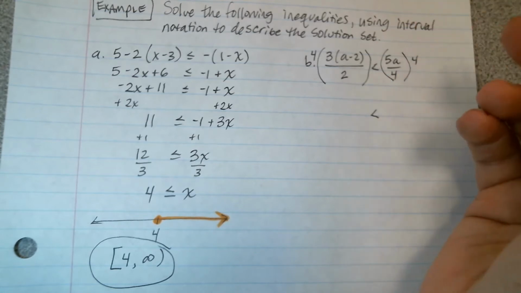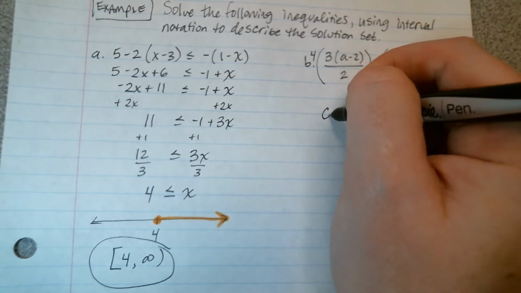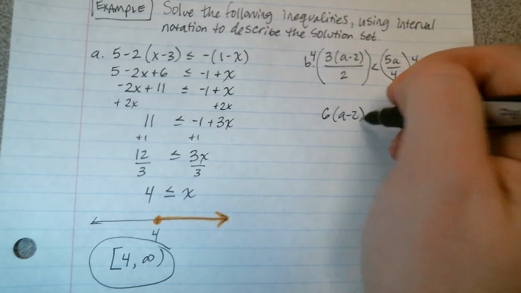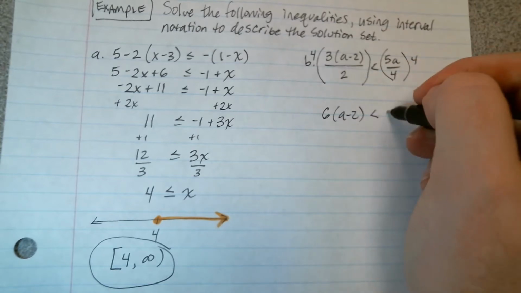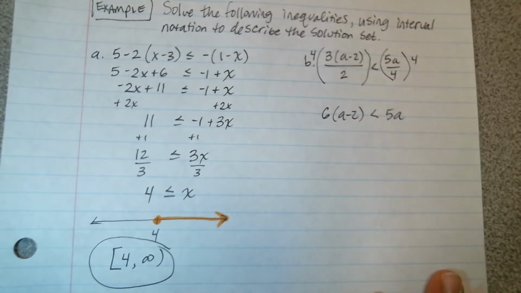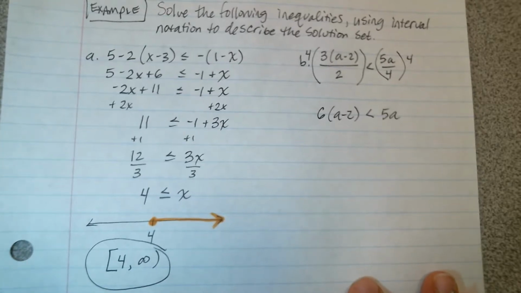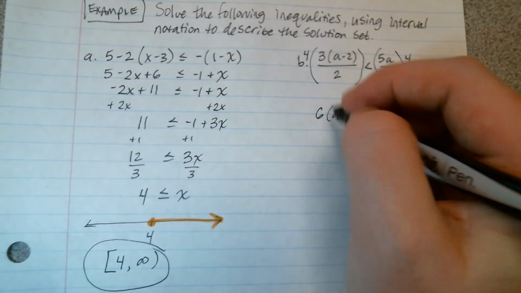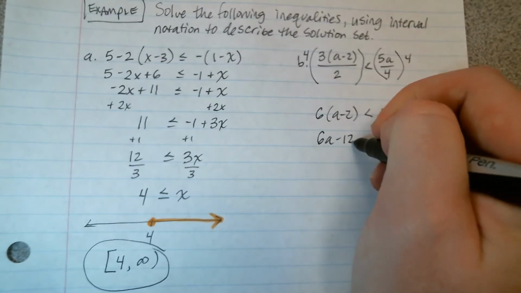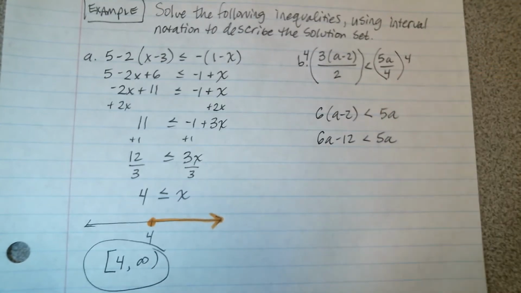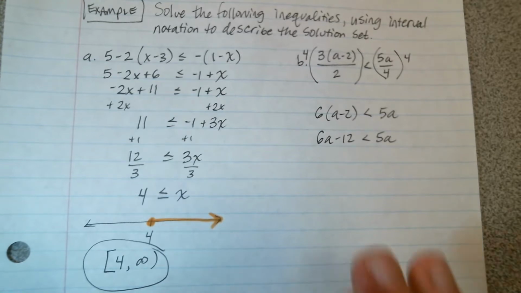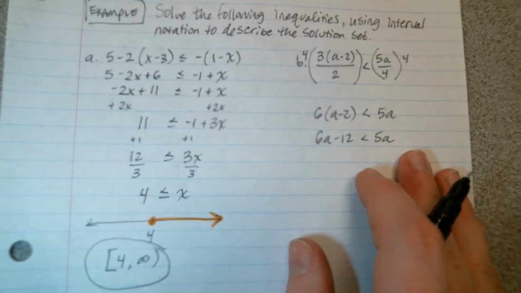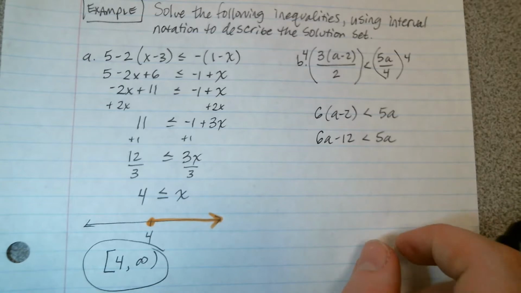So I'm going to be left with 6 times a minus 2, and over here a 5a. Now this looks a lot easier to solve, so I'll distribute on this left-hand side. And I'll combine like terms, variables on one side, constants on the other.